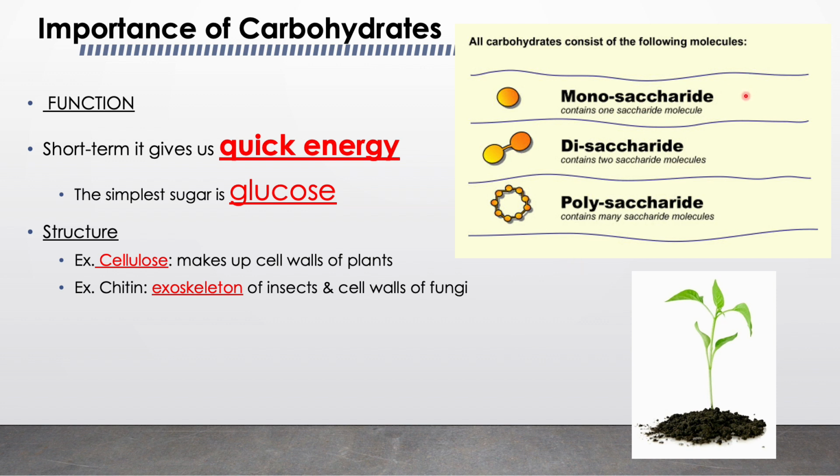Saccharides are sugars, and we have monosaccharide, disaccharide, and polysaccharide. Mono means one, so one sugar molecule or one saccharide. Disaccharide, di means two, so two sugar molecules. And poly means many, so you have many saccharide molecules or many sugar molecules.